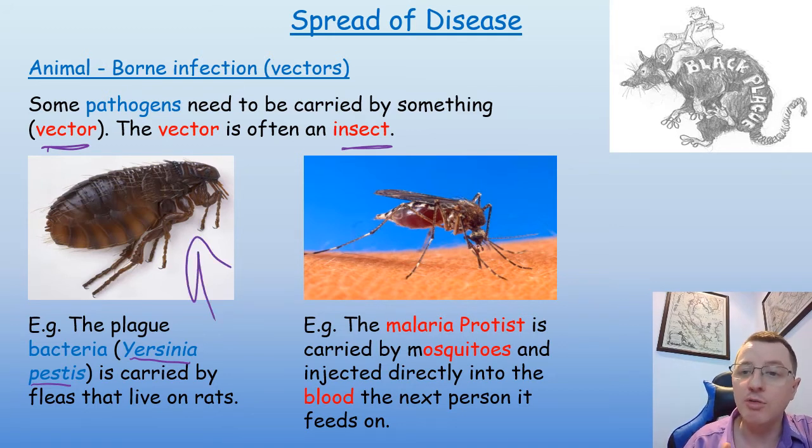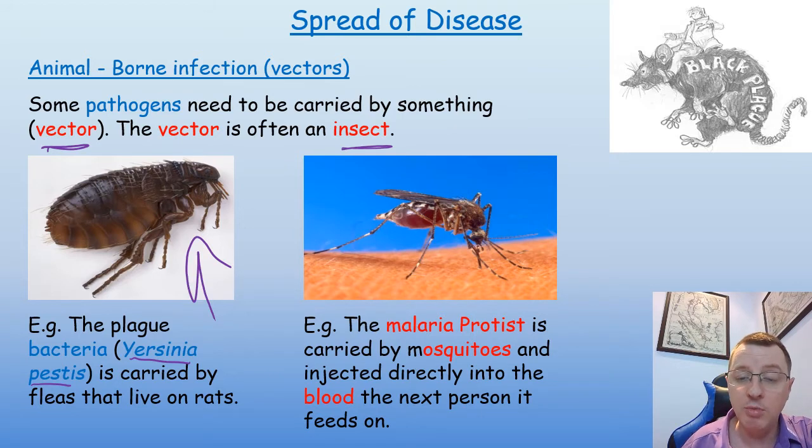The flea would often live on rats, so it could be argued there are two vectors here, but when the rats would die and the fleas could no longer live on those rats, they would jump off and look for another host, often a human, and when the flea would bite that human, it would inject the bacteria into the human's bloodstream, causing the plague, the bubonic plague, the Black Death.